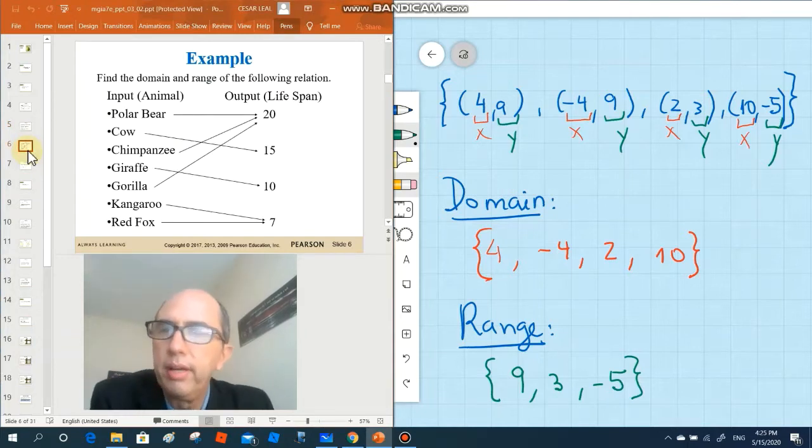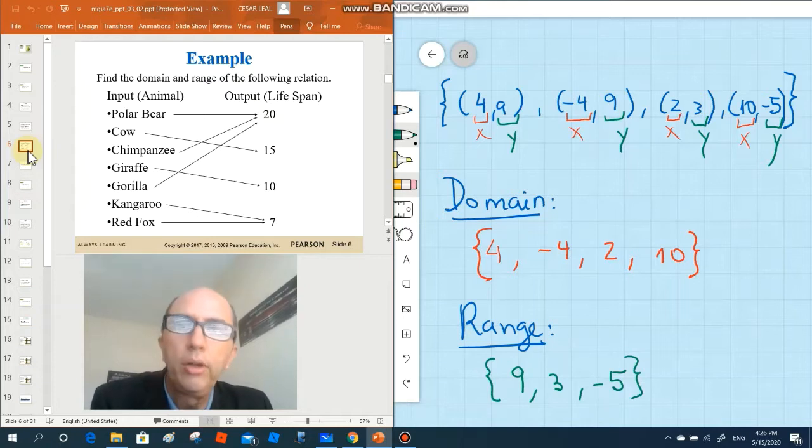And now you have a different example here where x, or the input, are names of animals like polar bear, cow, chimpanzee, giraffe, gorilla, kangaroo, red fox, and this input, the x, is the domain, and the output, the y, is the lifespan: 20, 15, 10, and 7.